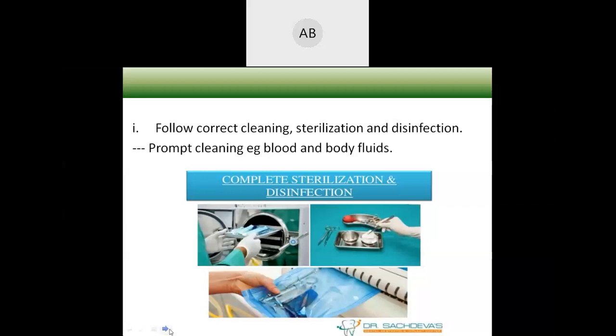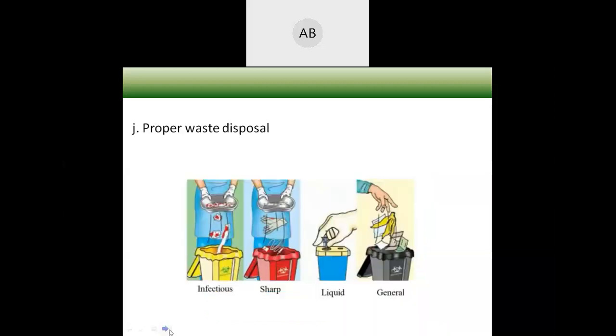And see that heating is an effective means of disinfection. HIV is inactivated at 60 degrees Celsius for 30 minutes. Commonly you can use chemicals like sodium hypochlorite solution and 2 percent glutaraldehyde solution. So these solutions can be used most of the time for disinfection.